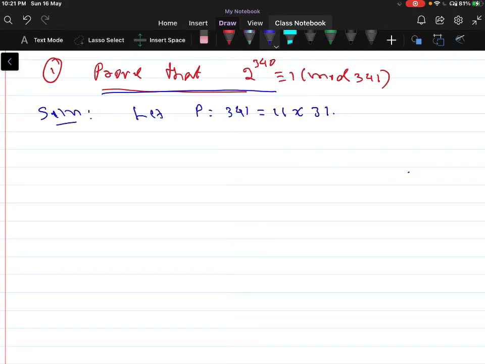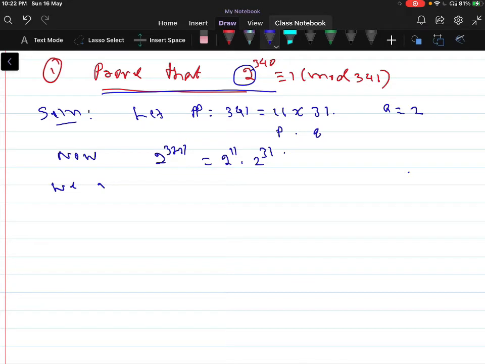Here a is equal to 2. Let small p be 11 and q be 31. So now 2 power 341 can be written as 2 power 11 into 2 power 31.